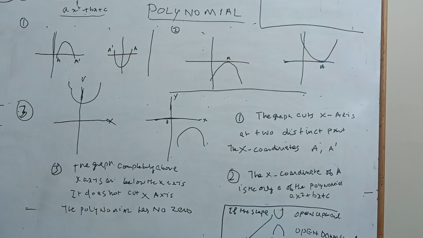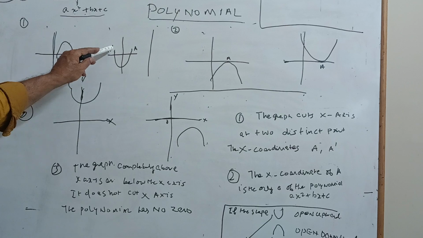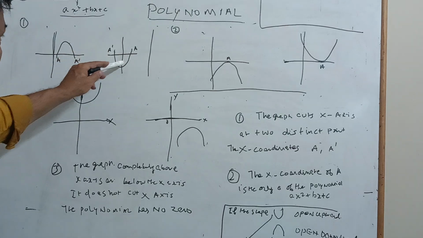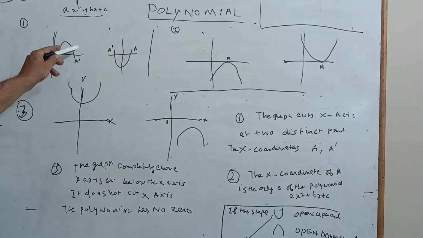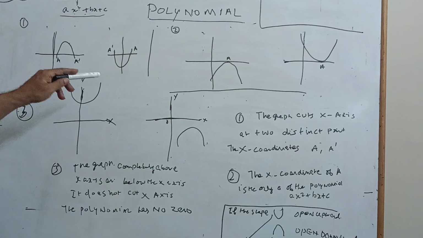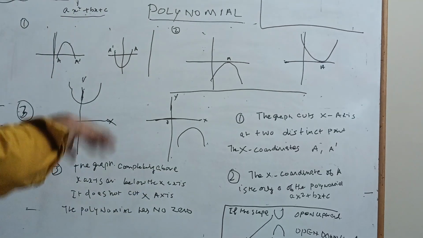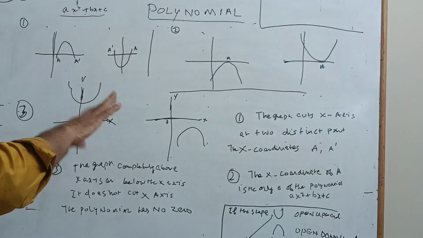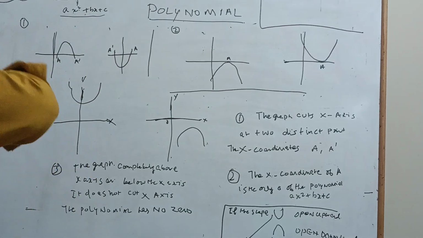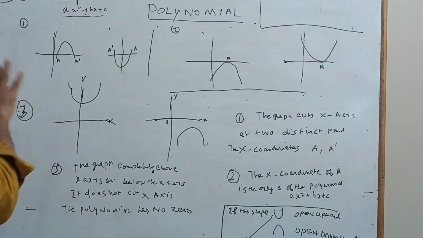Now the important thing is that this parabola is in the upward direction and this is in the downward direction. So you have different shapes of the parabola. It is a parabola, but one is in the upward direction, one is in the downward direction. This is very important.